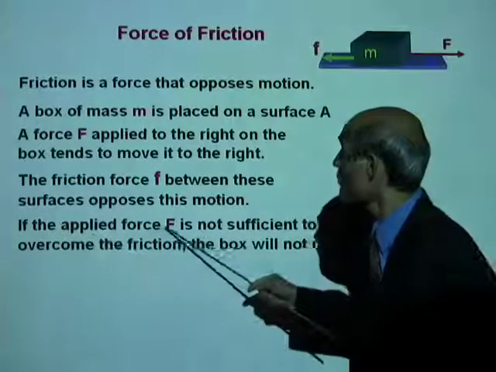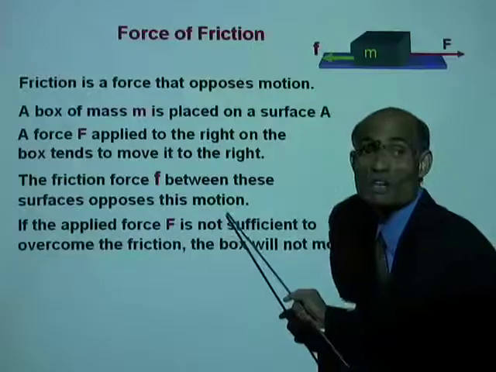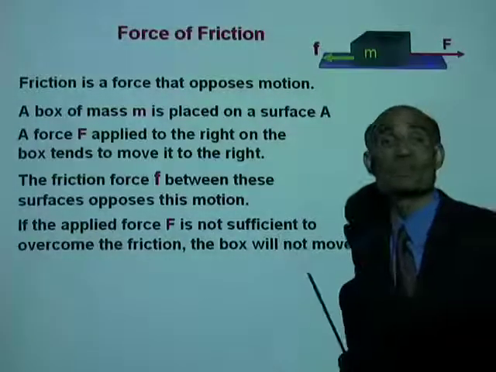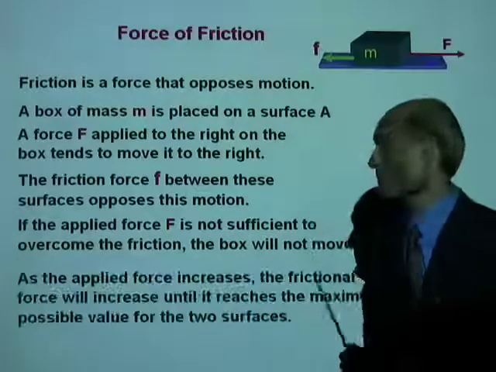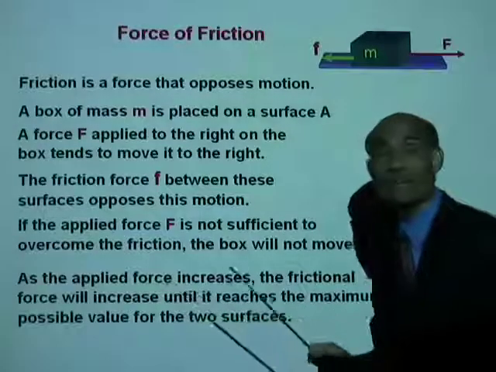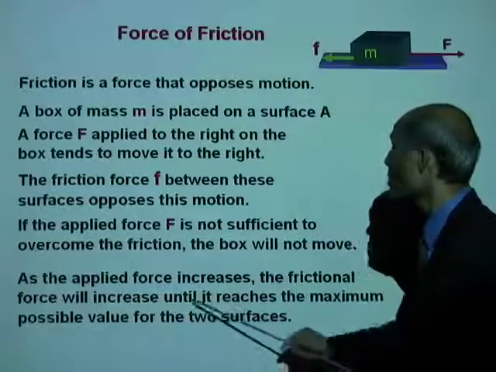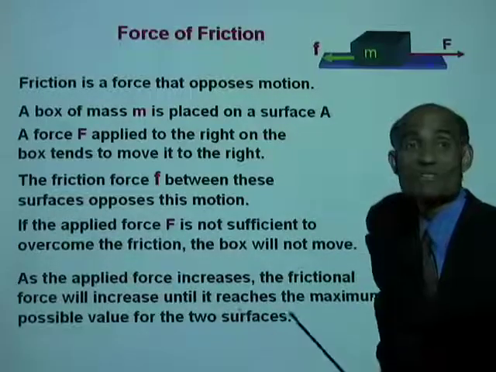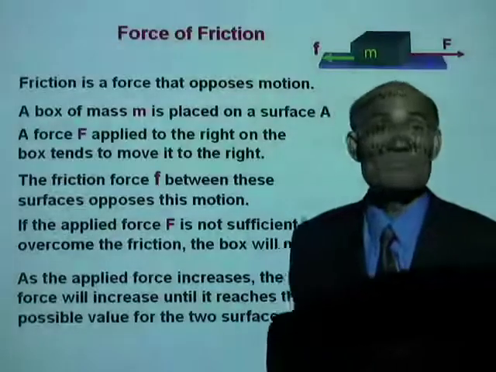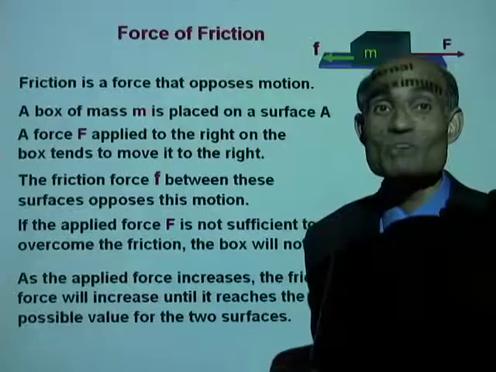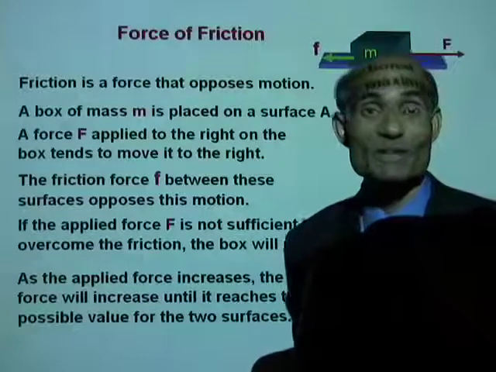Now, if the applied force F is not sufficient to overcome this frictional force, then the box will not move. As the applied force increases, the frictional force also increases until it reaches a maximum value. What did we say that maximum frictional force between two surfaces is called?